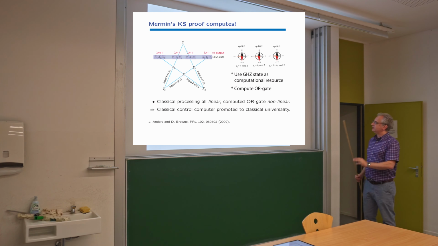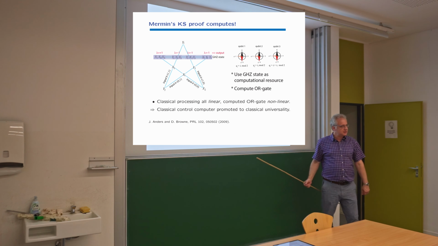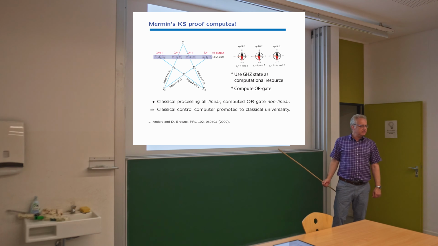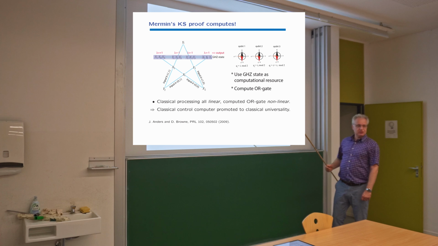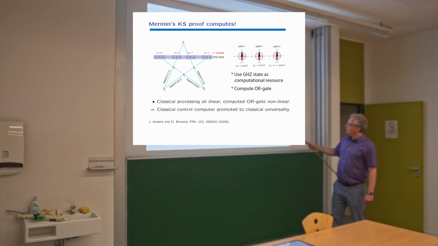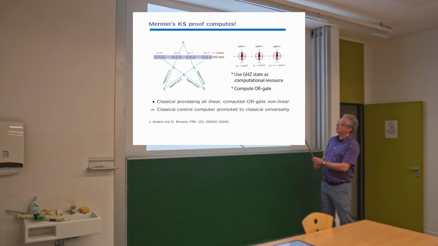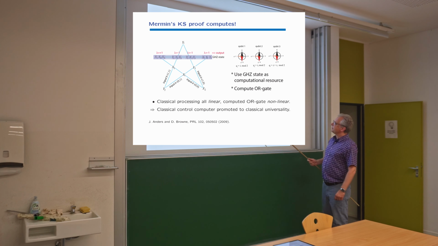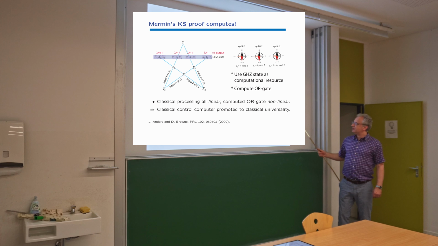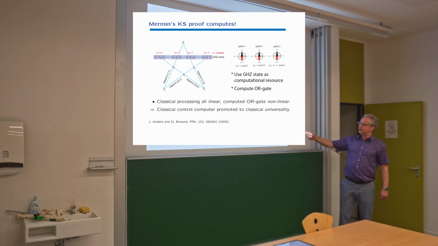It's not really the step up that you want in quantum computation, but it's a fundamental point of view. We still have to show that computing the OR gate is precisely the consequence of Mermin's contradiction. But here you see that in this example contextuality helps you with quantum computation.